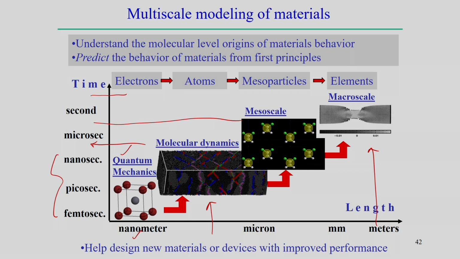So, therefore, with this level of linking in the multi-scale modeling approach, different process methodologies have been developed for how we can pass the information from the lower scale to the higher scale.